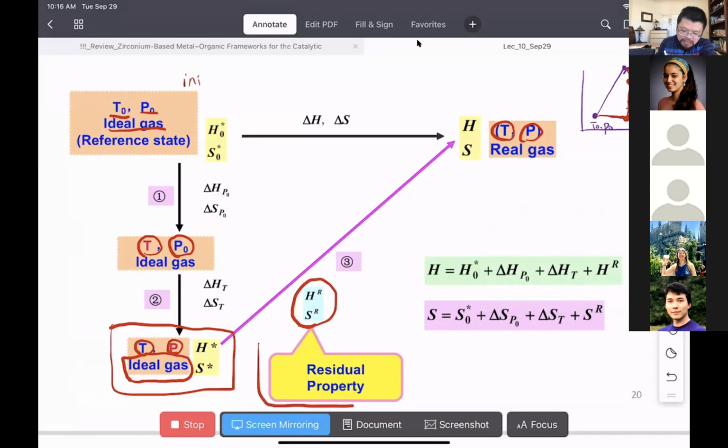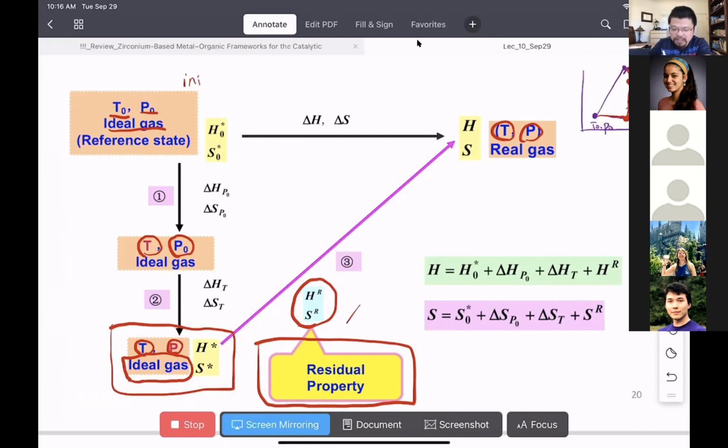So you can see that the residual property is a measurement of the difference between ideal gas and real gas. If the residual property is very small, then we can see that at this realistic TP, the real gas still behaves like ideal gas. If the residual property is quite significant, then we know that there's quite a deviation from ideal gas to the real gas.